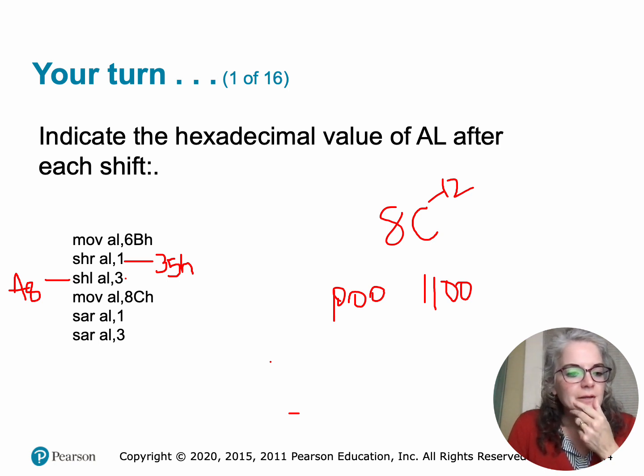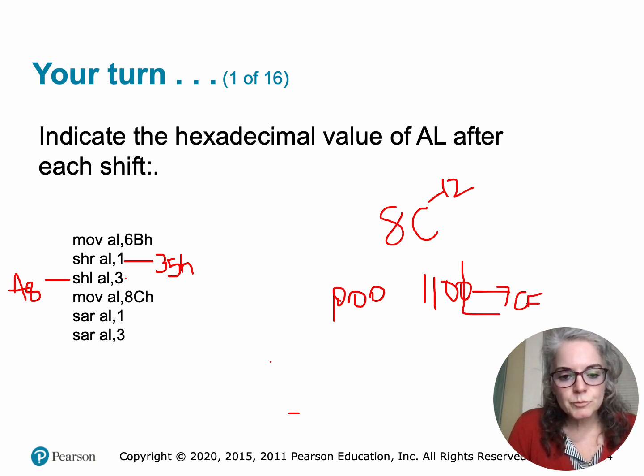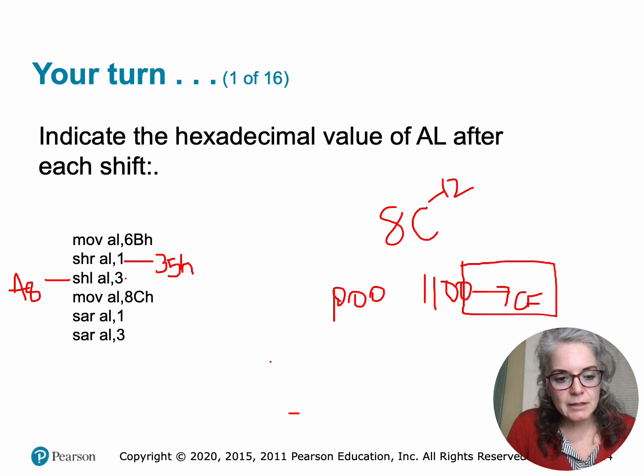And then I'm doing an arithmetic right shift by 1. So we're going to go to the right 1. Our carry flag is still gonna be a 0. And then what fills in the back, that open space, is going to be a copy of the last bit.